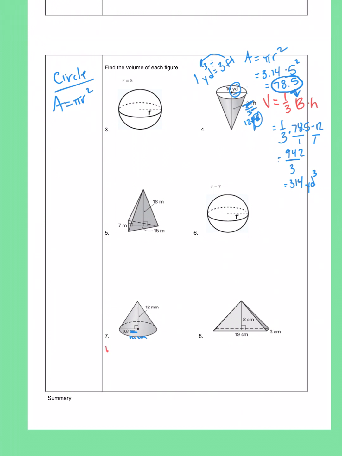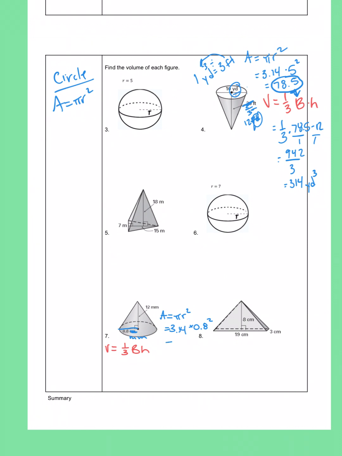So again, we have volume equals 1/3 times capital B times the height, so times the area of the base. We have to go back and find the area of the base again. The area of a circle again is pi times radius squared. So it's 3.14, and it gives us the radius, from the center to the outside, which is 0.8. So I'm going to multiply by 0.8 squared.